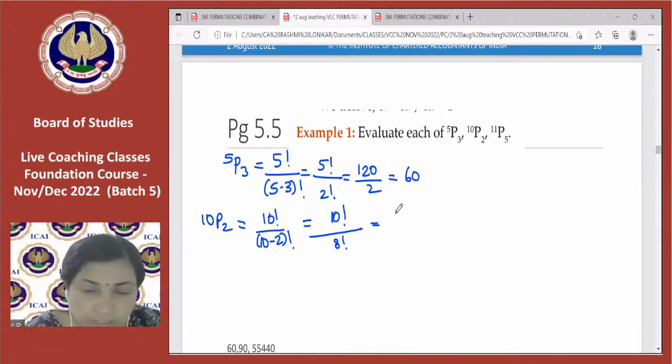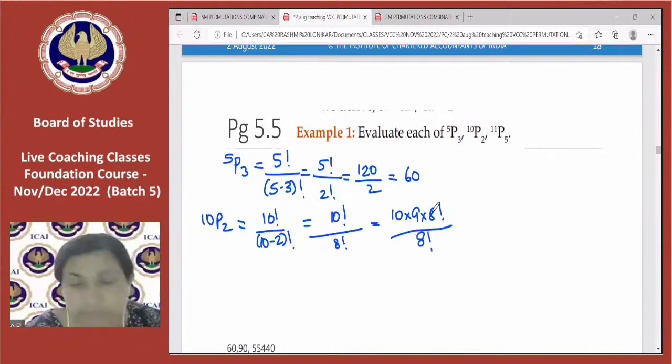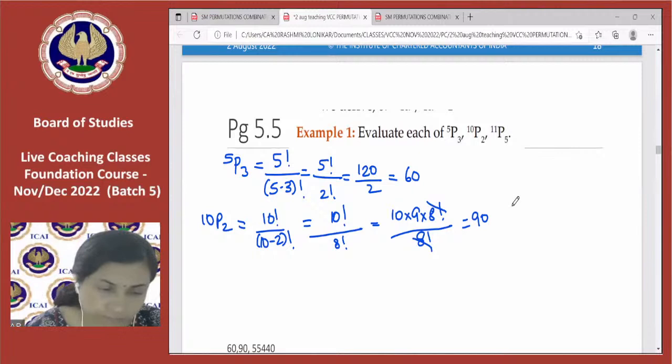So this is written as 10 into 9 into 8 factorial upon 8 factorial. So this 8 factorial will cancel out. I am left with 90. So 10P2 is equal to 90.